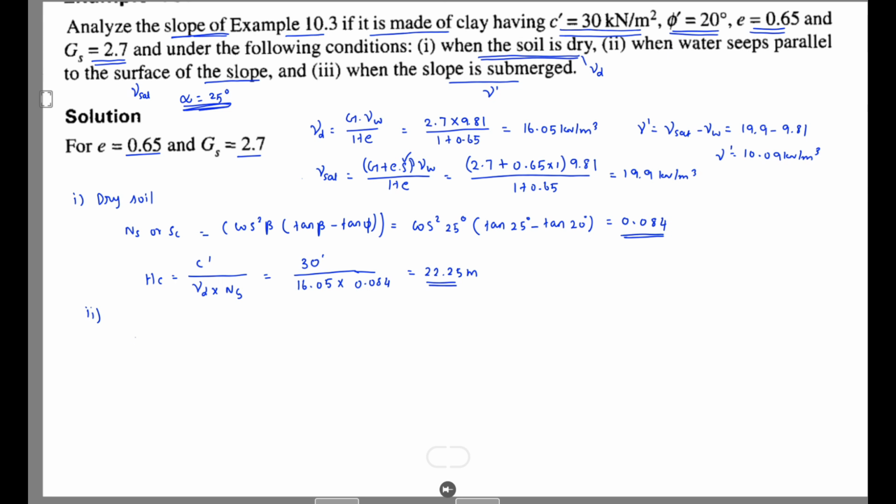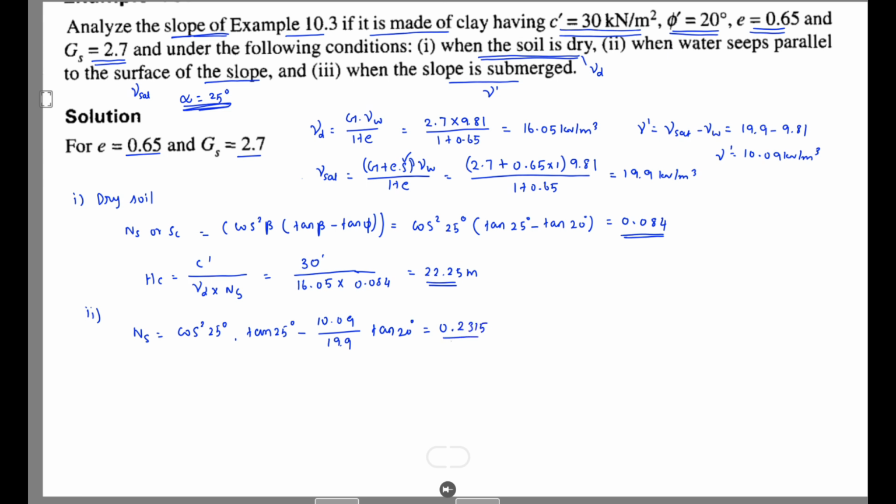Next is when seepage is parallel to the surface of the slope. The equation is Ns equal to cos square 25 degrees into (tan 25 degrees minus 10.09 divided by 19.9, that is gamma submerged divided by gamma saturation, into tan 20 degrees), where phi is the angle of internal friction. Now we get the value 0.2315.